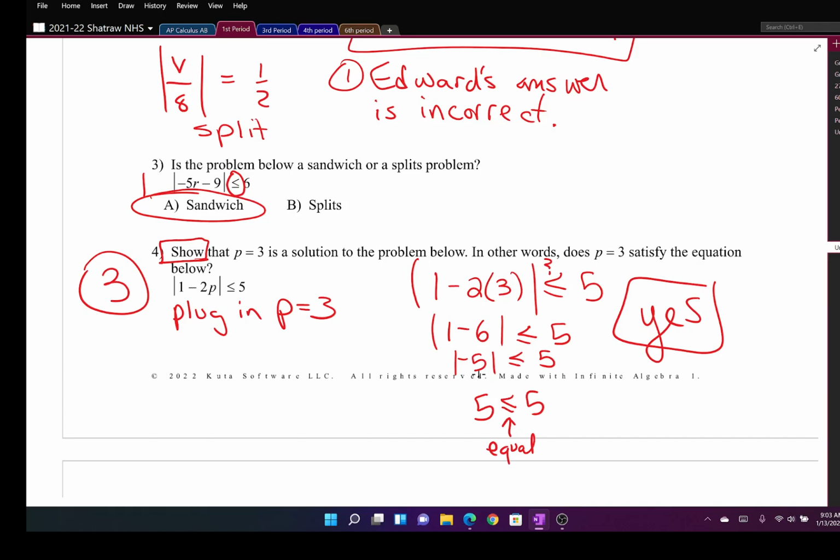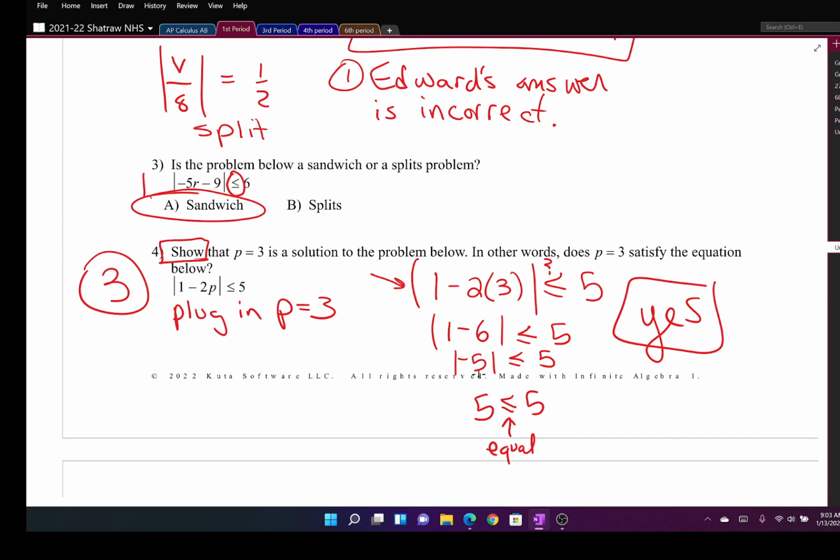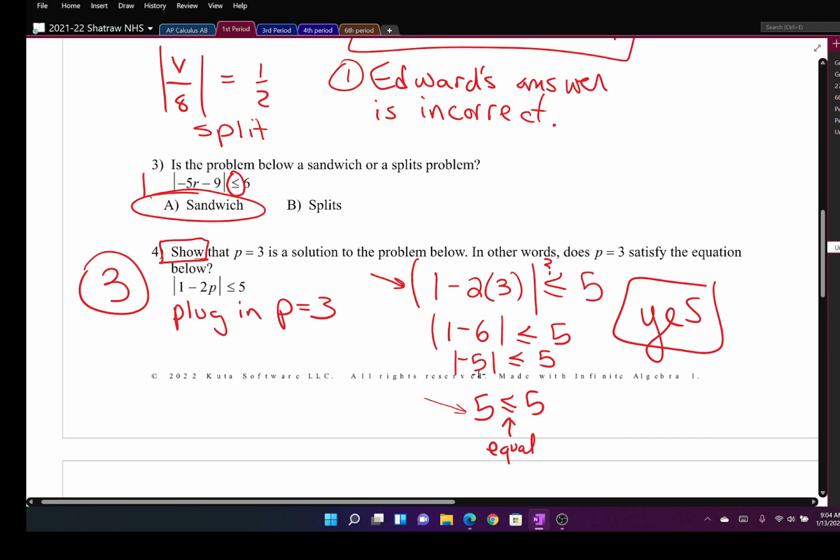Specifically, the showing your work is this step right here, where you plug in that 3, and then I want you to do a little bit of that arithmetic until I could see your answer. Right down here, where you get to the final statement, where you're checking to see, is this true? Is this true? Question mark. That's where the second point is awarded, and that would be the third and final point.